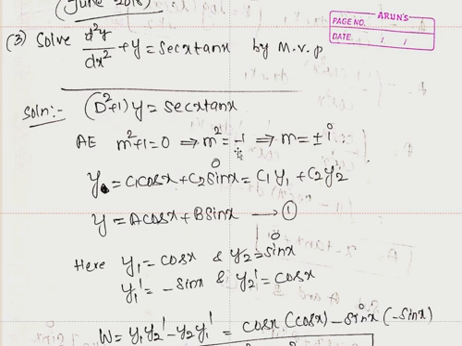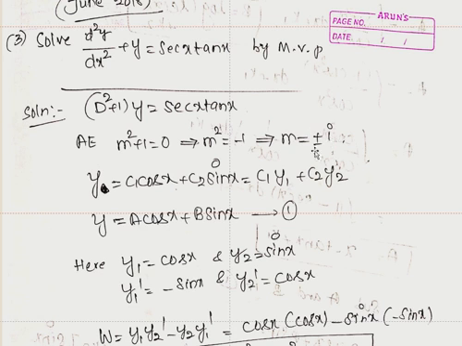That implies m square is equal to minus 1. Take the square root on both sides: m is equal to plus or minus square root of minus 1, and the square root of minus 1 is i. We already know that this is a complex number.